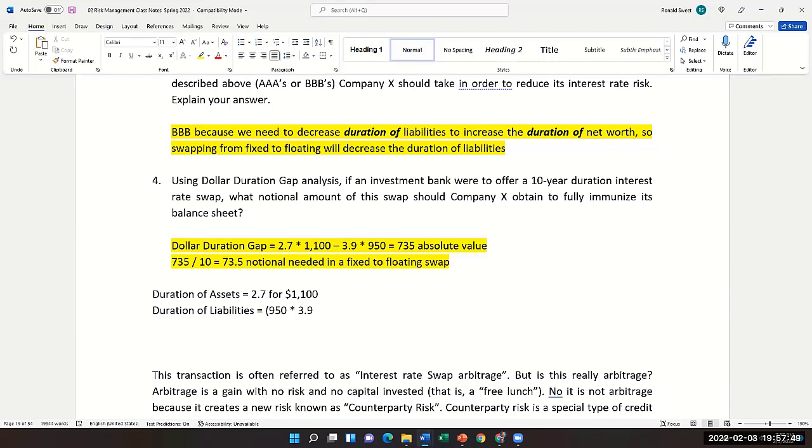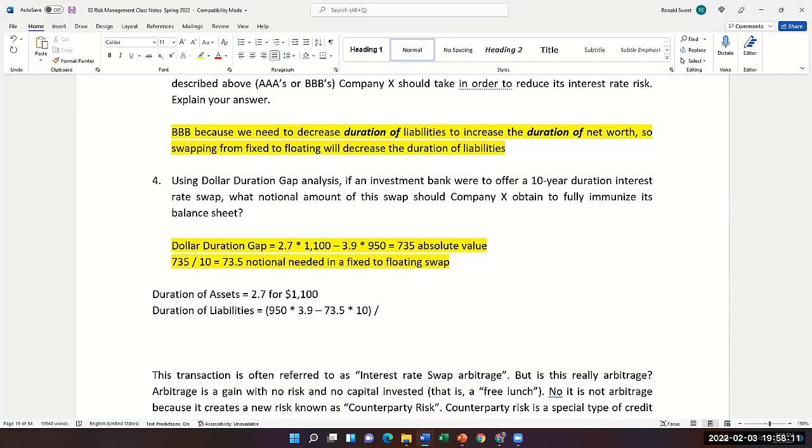Right? You don't have to do this on the exam, but I really hope you understand this. If you're going from fixed to floating, you want to subtract the swap out. If you're going from floating to fixed, you add the swap in. So here we're going from fixed to floating, so we're going to subtract the swap. Its duration is 10 years.